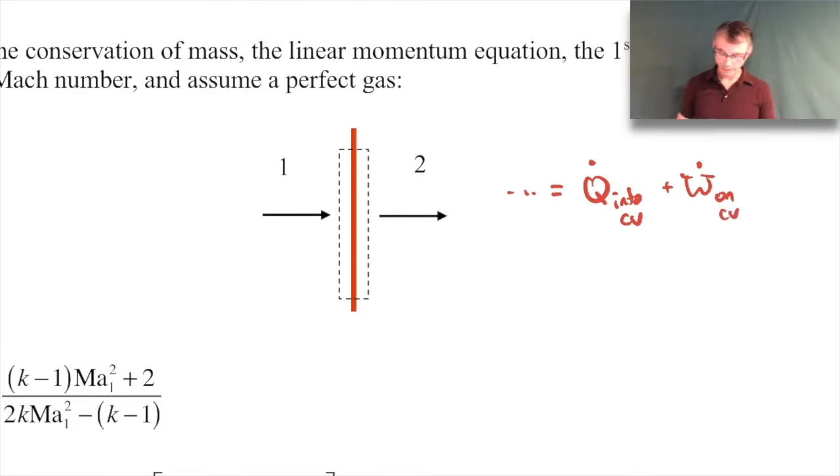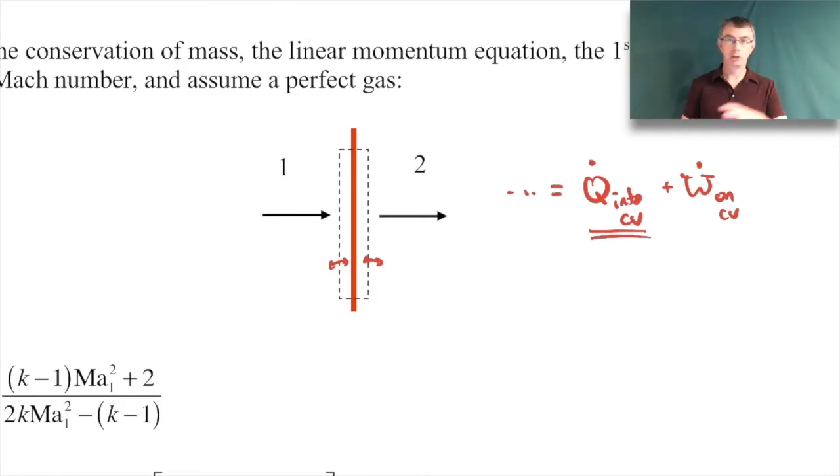So this is the rate of heat transfer in plus the rate of work done on the control volume. Now remember, this is the rate of heat transfer into the control volume. So it would be the heat transfer across these surfaces. Not through the shock wave, but through the control volume surfaces, right? Well, since the flow upstream here, in this whole region 1, it's nominally isentropic, meaning that it's adiabatic and reversible.